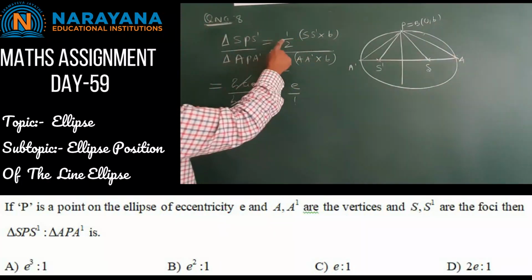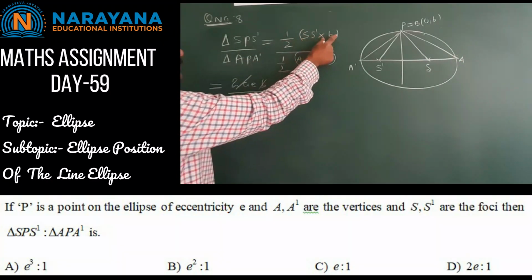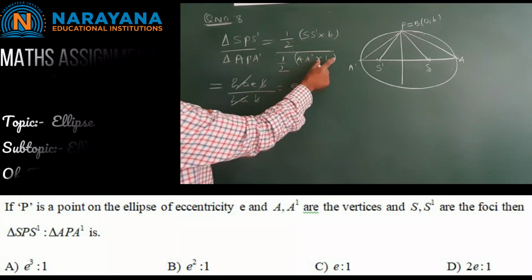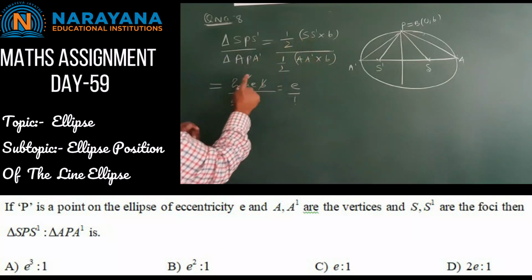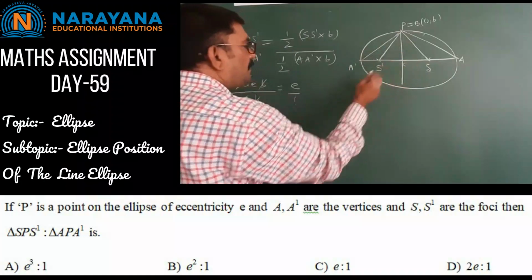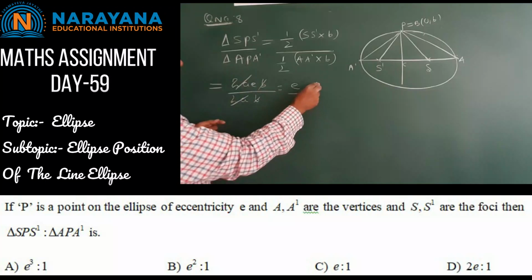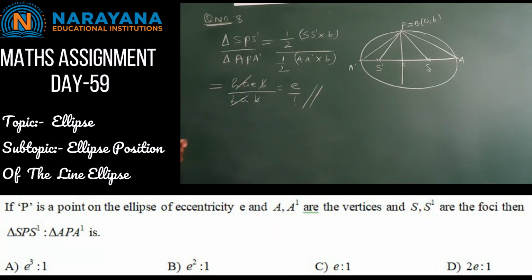So therefore, half into base into height: half into SS dash into b, half into AA dash into b. We know that SS dash is equal to 2ae and b is the length from the center. So now this is also 2ab. All terms get cancelled. We are left with e by 1.